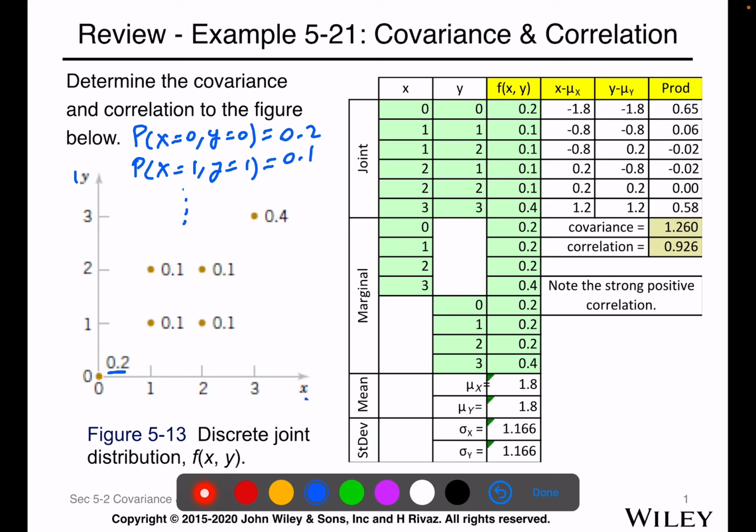So from these PMFs, so this is called PMF, probability mass function, and this is a joint PMF because we have X and Y, we have 2 random variables. So from these we can calculate covariance and correlation, right?